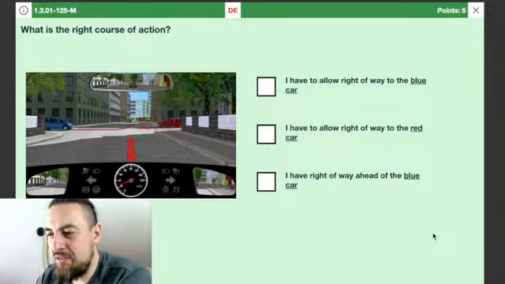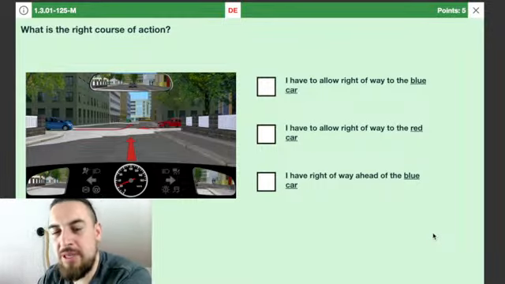I have to allow right of way to the blue car. I have to allow right of way to the red car. And I have right of way ahead of the blue car. So what is the correct answer? You probably know it already.